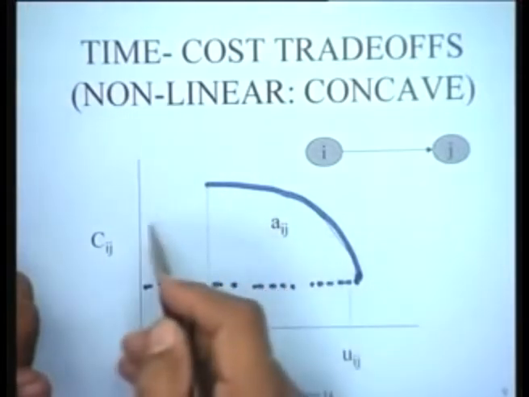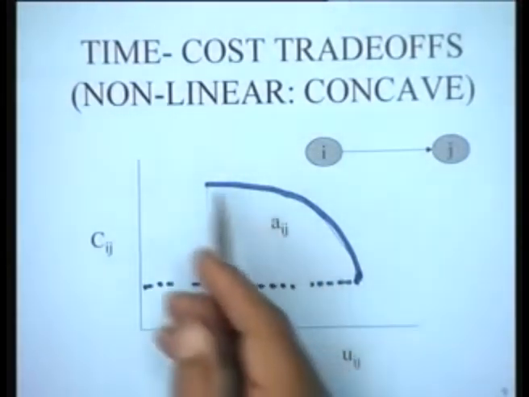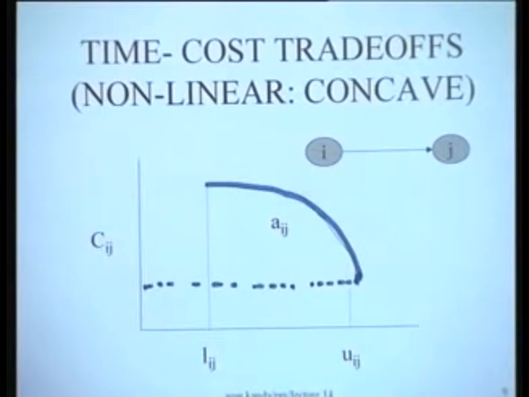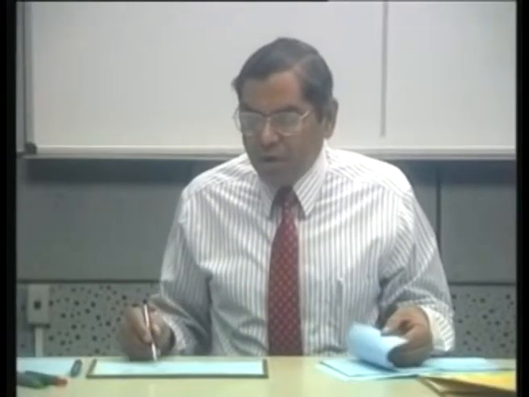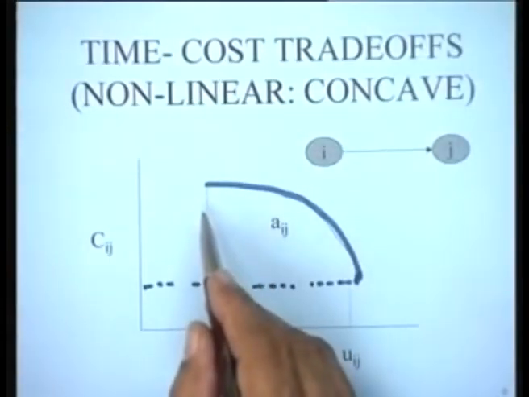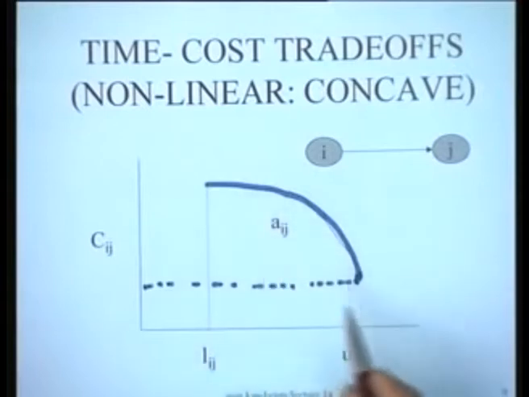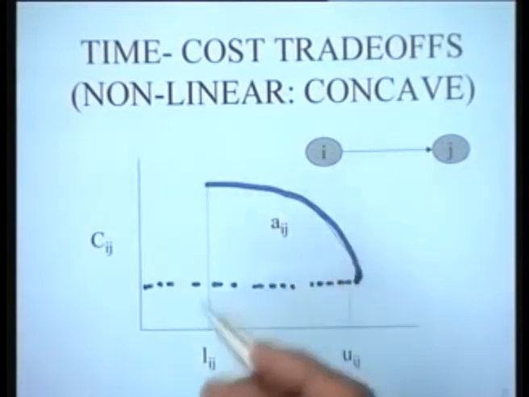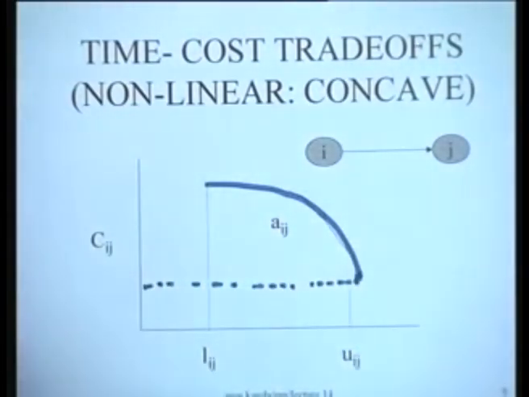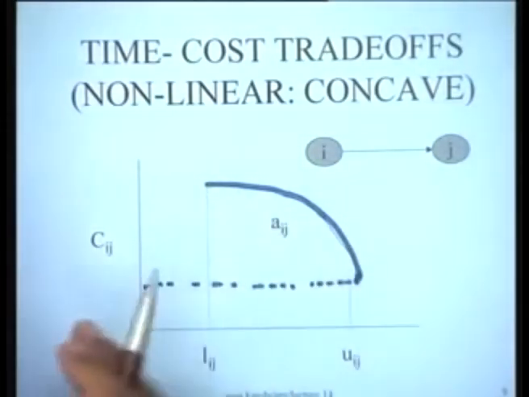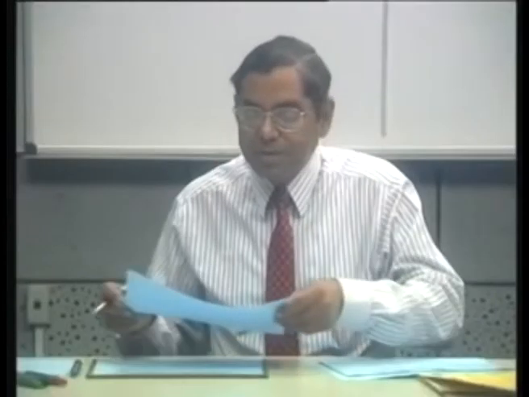This is the kind of behavior you find here in time cost trade-offs for many activities. Typically for all administrative activities, there would be a reluctance to change by people, and you can model this as a non-linear time cost trade-off problem.